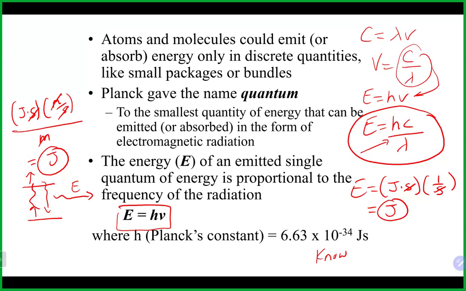When the atom gets rid of the energy, going from a higher energy level to a lower energy level, that is an exothermic process, and you would get a negative number, technically speaking. And when the electron gains the energy to go to the higher level, it is a positive situation.